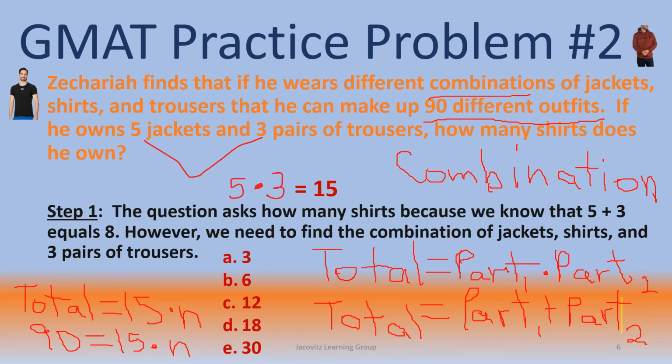Let's go over our answers. A is 3, B is 6, C is 12, D is 18, E is 30. 15 times 30 is going to give you a 3-digit number, and we don't have that. We have a 2-digit number.